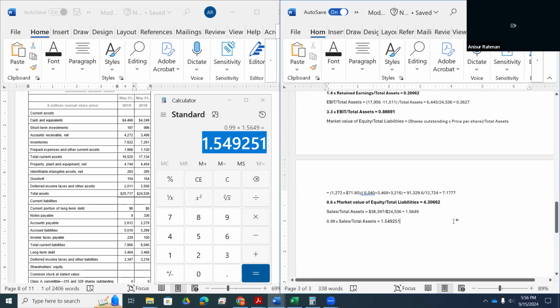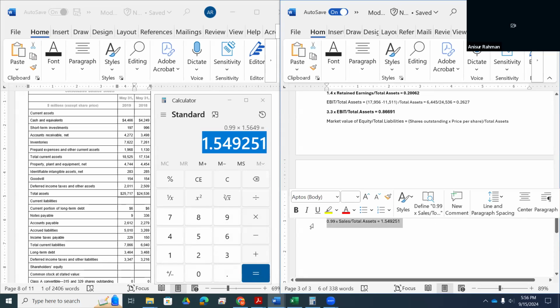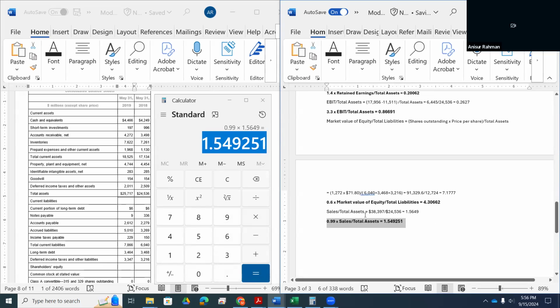Now all we have to do is to add these final numbers from each ratio.